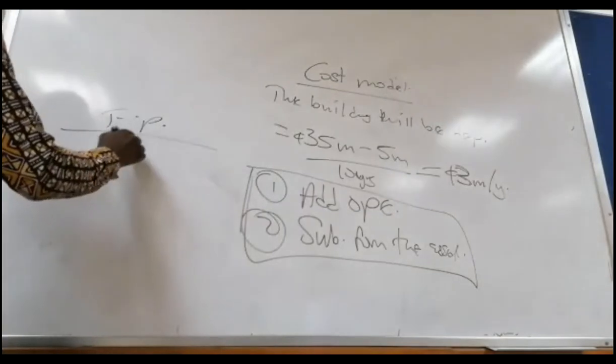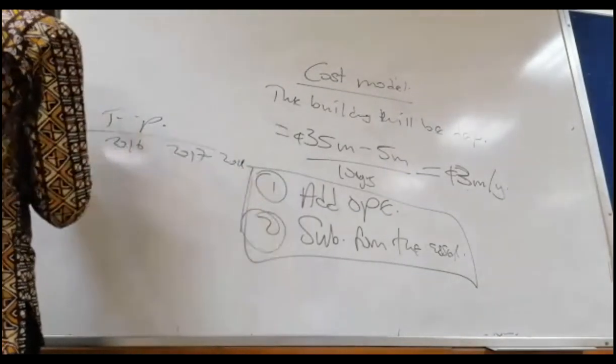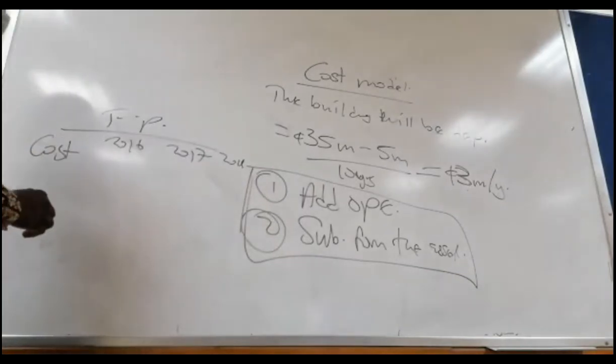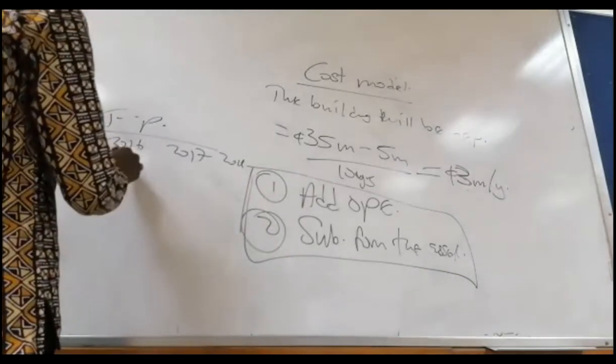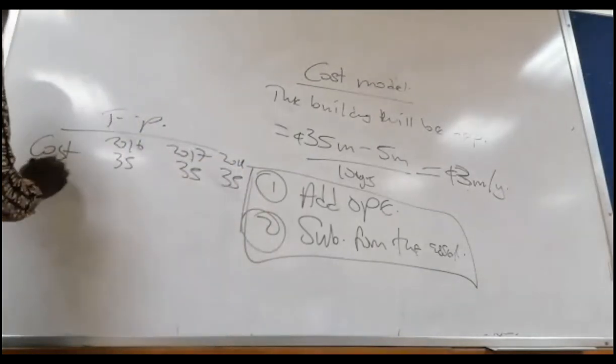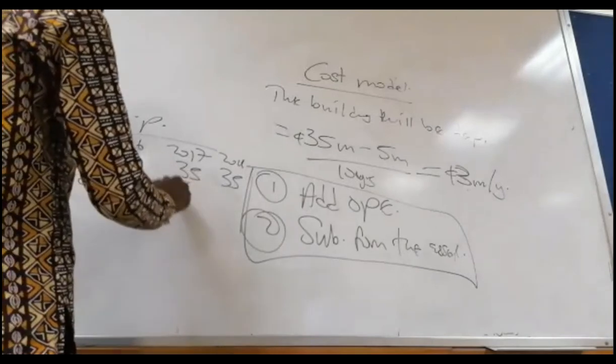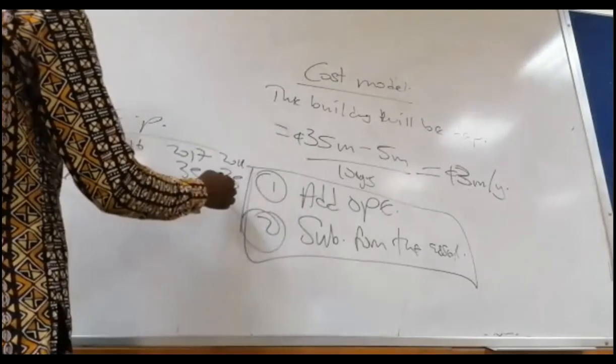So 2016, the current year, 2017, and 2018. The cost of the building will be 35 million, 35, and 35. Accumulated depreciation, first year 3 million, second year 6, third year 9.